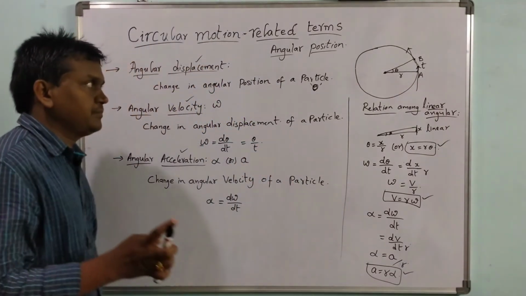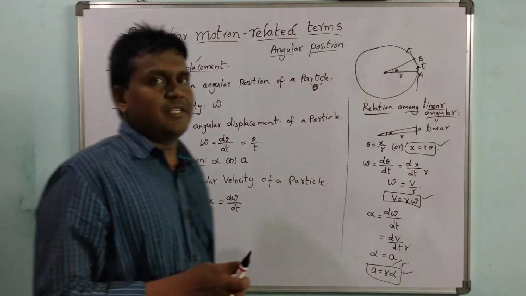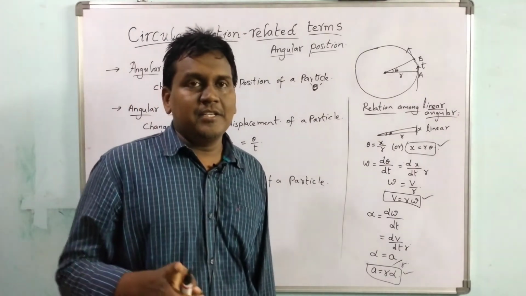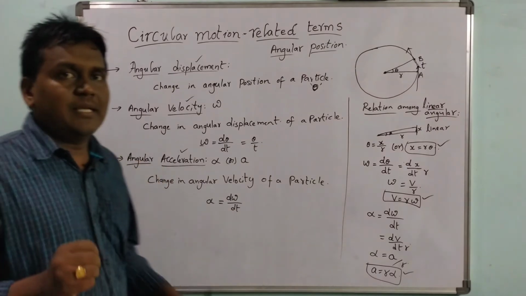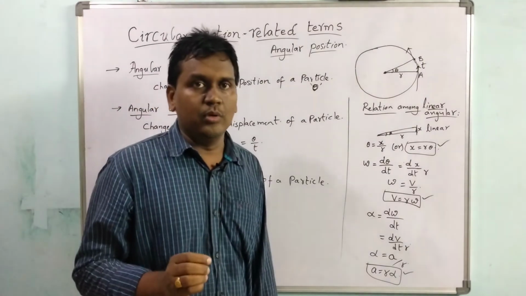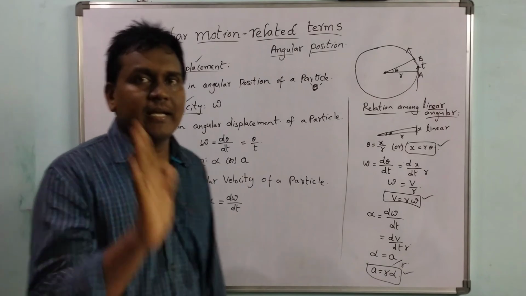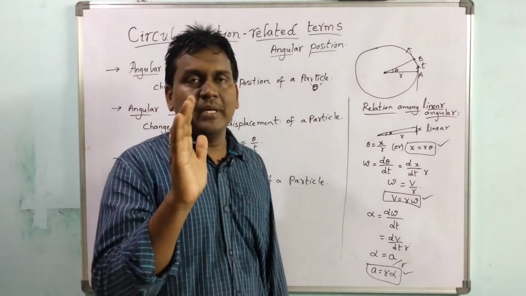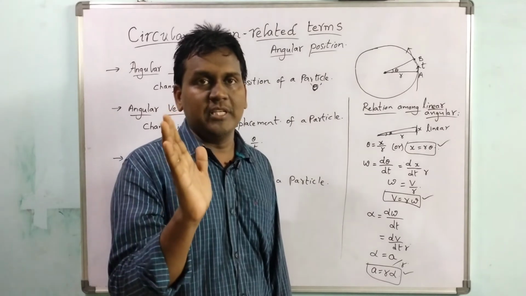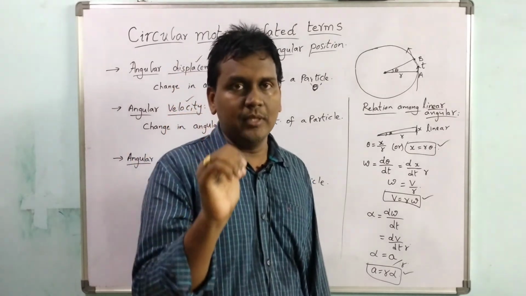So what is the direction? The direction can be determined by the right hand rule. If you take your right hand and curl your fingers like this, this is called the right hand curl rule.